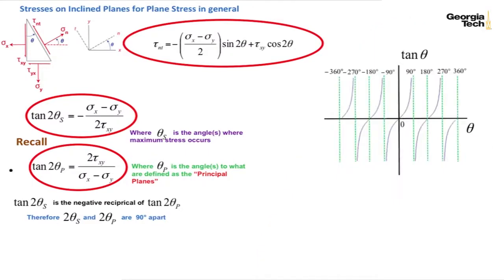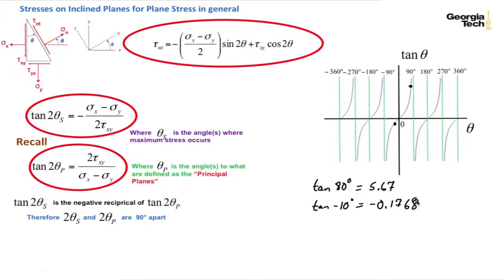And just to show that, I've drawn the tangent function here. If I take just a quick example, let's say we have tangent of 80 degrees. If you look at tangent of 80 degrees, that ends up equaling 5.67. And then if I take the tangent of minus 10 degrees, that ends up being minus 0.1763.